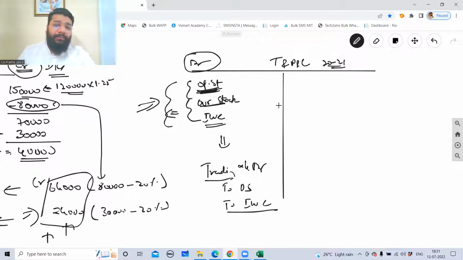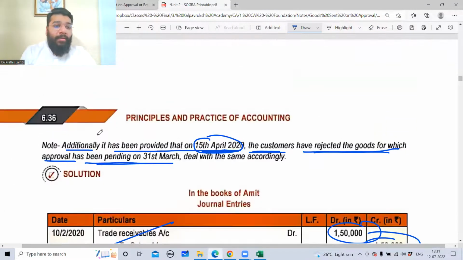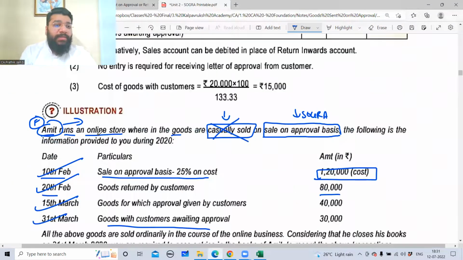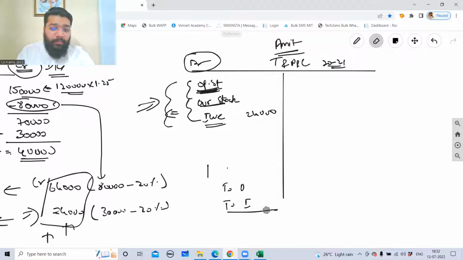Now what will happen? This is whose P&L? This is Amit's P&L, guys. In Amit's P&L, inventory with customer is how much? 24,000 rupees. Inventory with customer is 24,000 rupees.